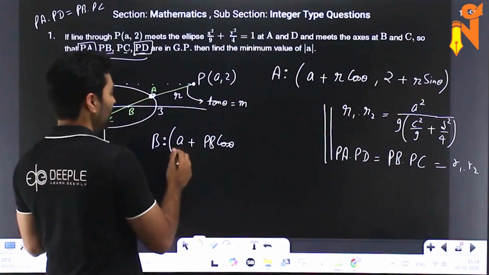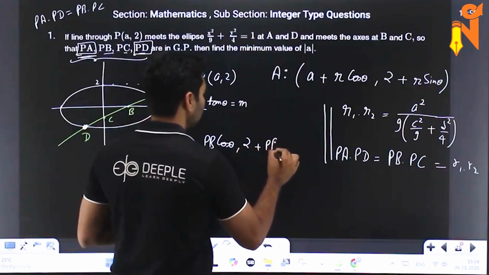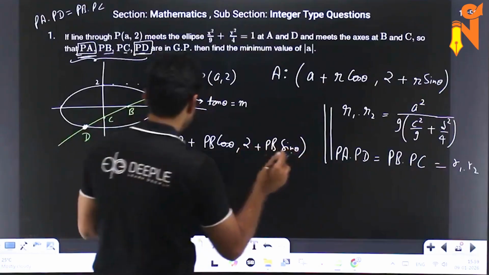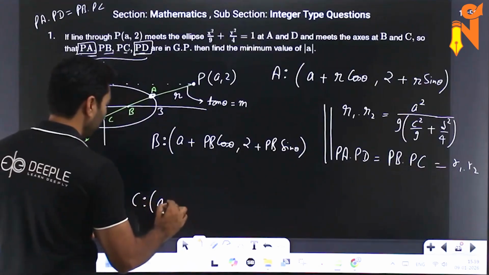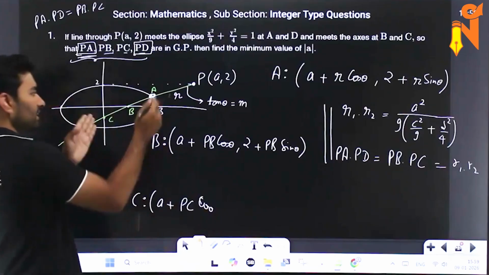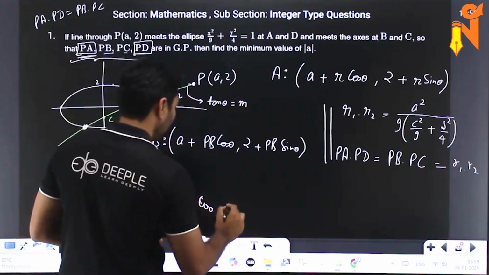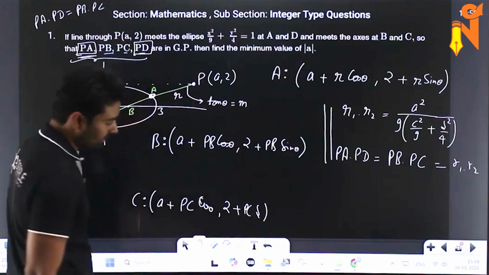In the same way, A plus PB cos theta, 2 plus PB sin theta. This is point B. Similarly, point C will be A plus PC into cos theta, whatever the length is, comma 2 plus PC into sin theta, right?